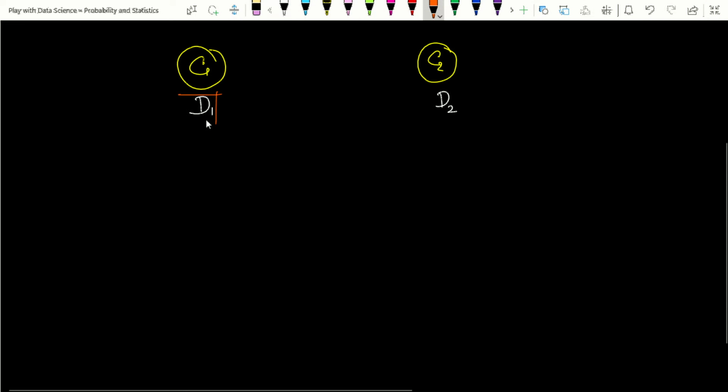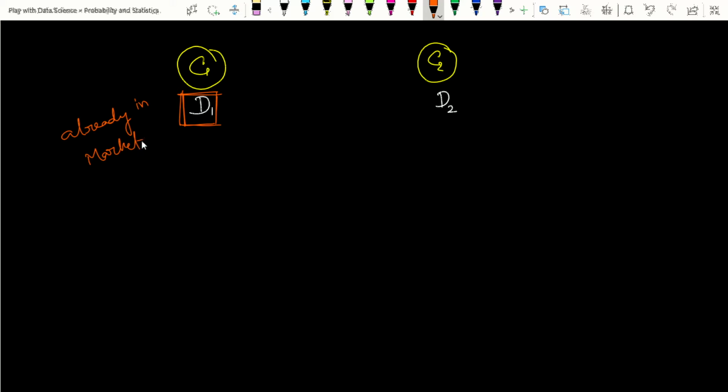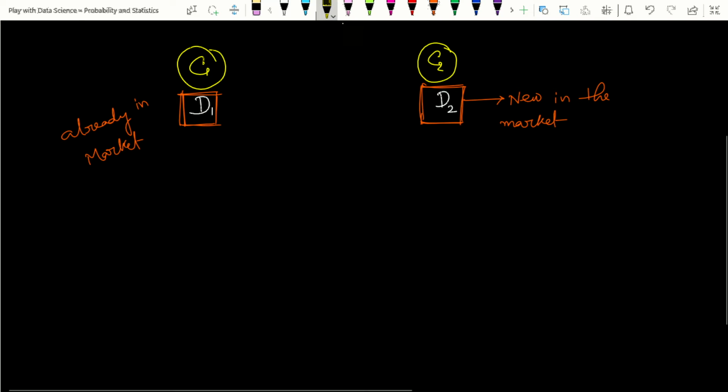But drug 2 is new in the market, built by company 2.